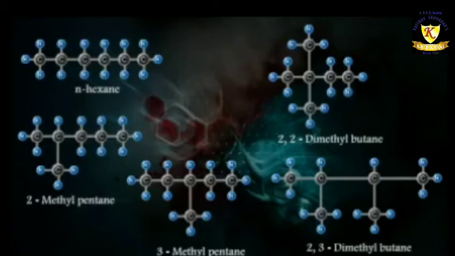As time progressed, the carbon compounds became very large in number and their common names caused confusion. A need was felt to have a logical system acceptable to all for naming the carbon compounds.